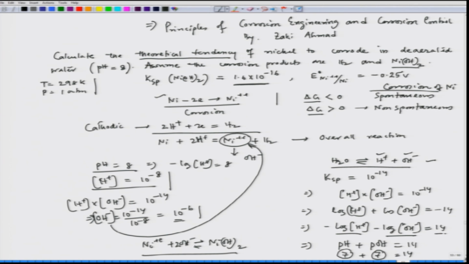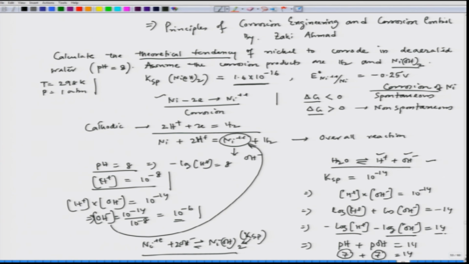The amount of nickel plus plus available in the system would be decided by the Ksp of Ni(OH)2, because once Ni(OH)2 forms, its limited solubility would allow a little bit of nickel plus plus ion to be present in the solution.